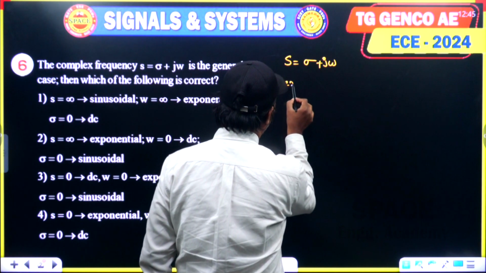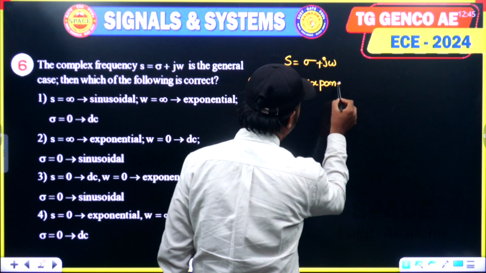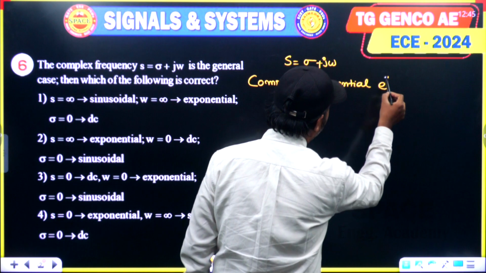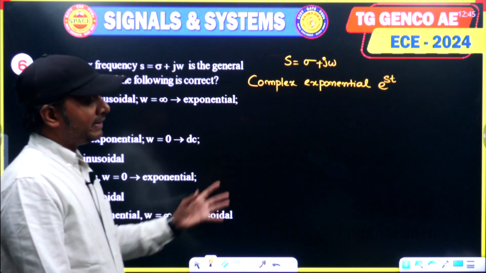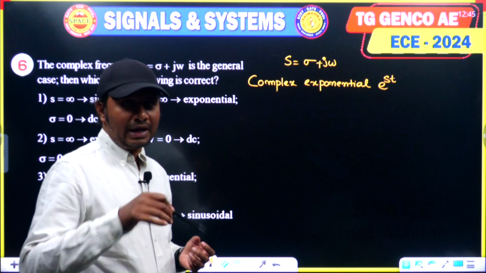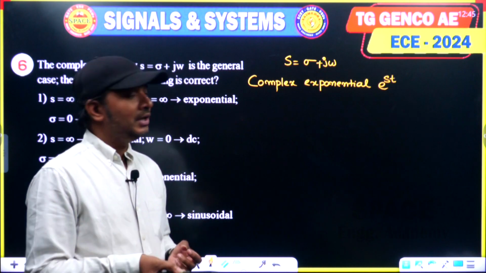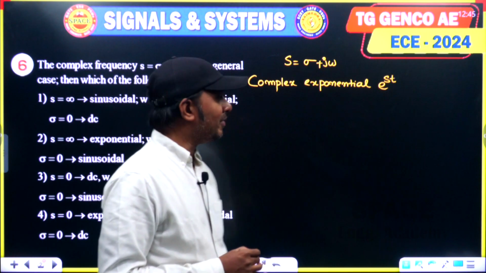Complex exponential is given by e power st. This complex exponential term will be encountered in continuous time Fourier transform, Laplace transform, discrete time Fourier transform, and Z transform also. But in Laplace transform, the complex exponential is of the form e power st.